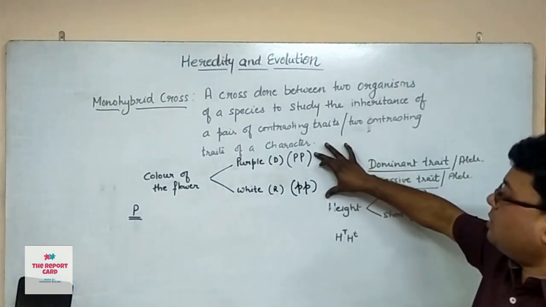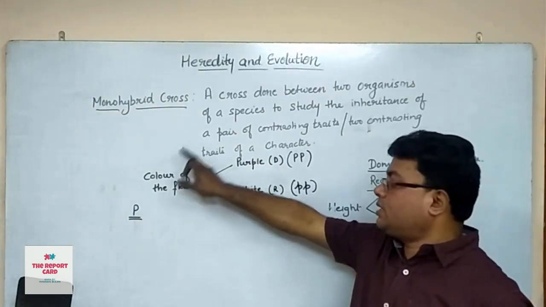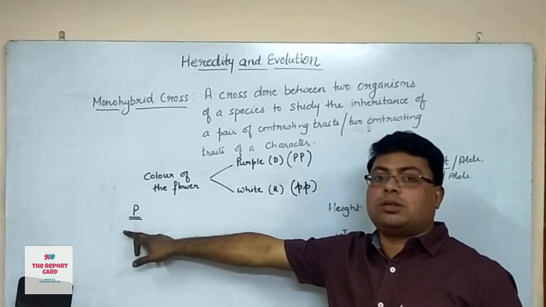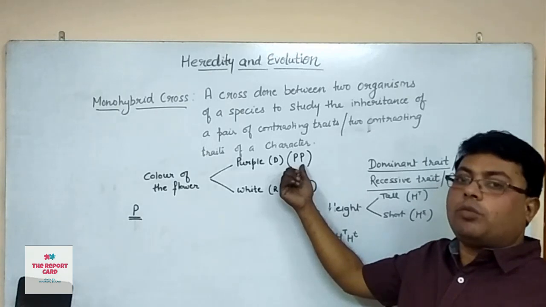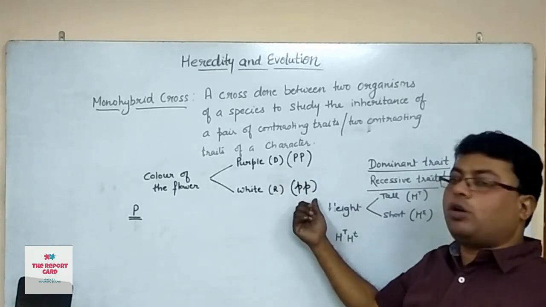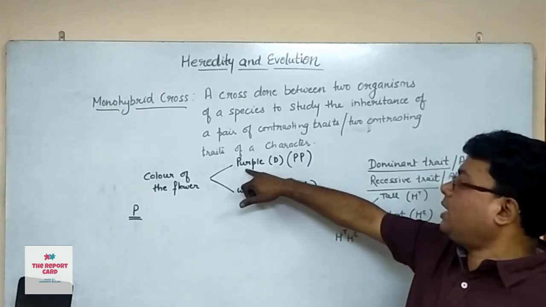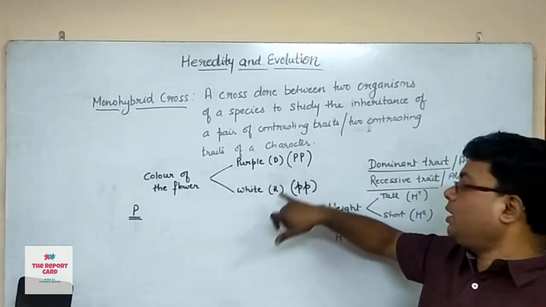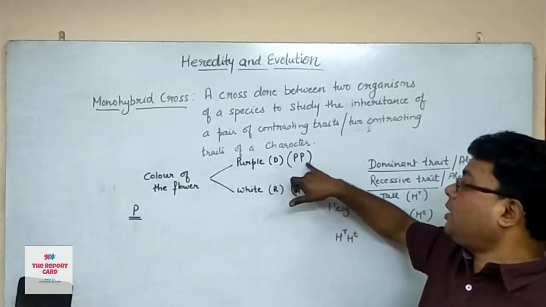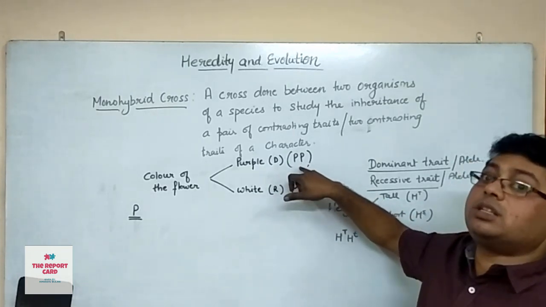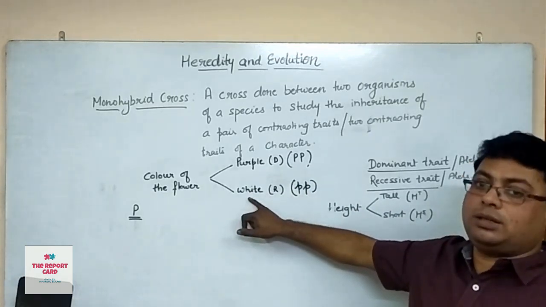So this tells us that we are just talking about the same character, that is the color of the flower, which we decided to depict the alleles with the letter P. The capital P shows that it's a dominant trait, and small p shows that it's a recessive trait. Is it clear? So the dominant allele is represented by capital P, the recessive allele by small p. When I am writing two alleles together, this is the genotype of purple, and this is the genotype of white.